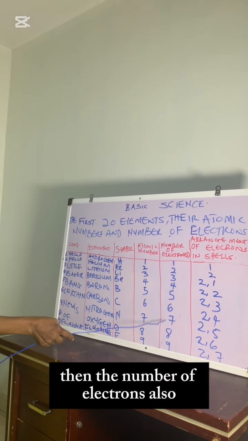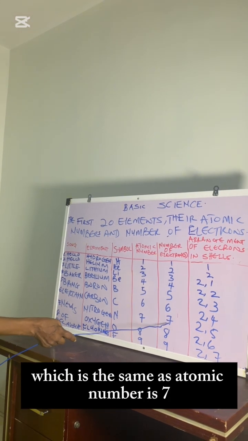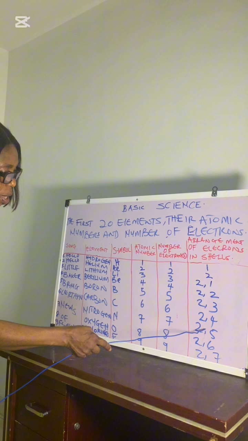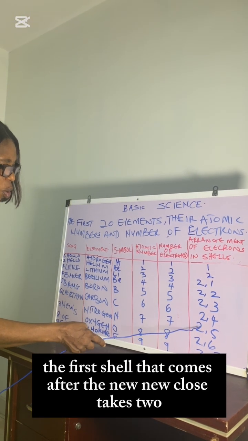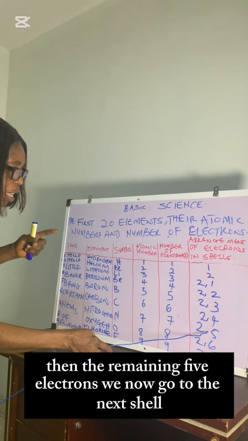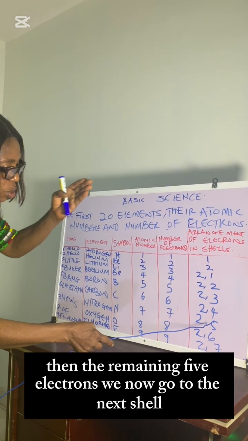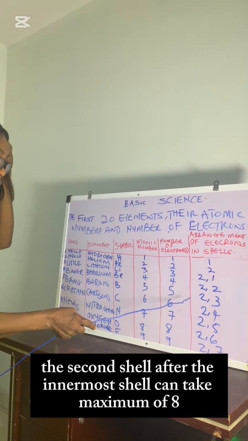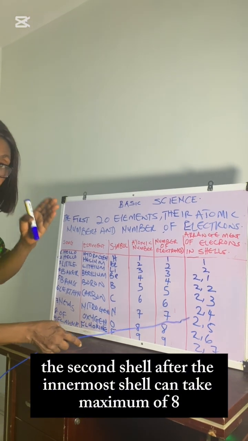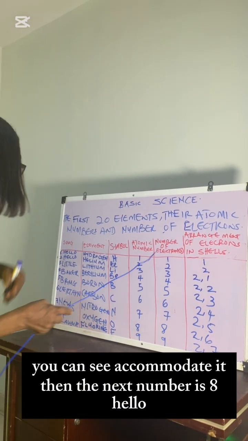The number of electrons, which is the same thing as the atomic number, is also 7. Then remember our electronic configuration is 2: the first shell that comes after the nucleus takes 2. Then the remaining 5 electrons will go to the next shell. Remember, the second shell can take a maximum of 8, and this is 5, so you can see it accommodates it.